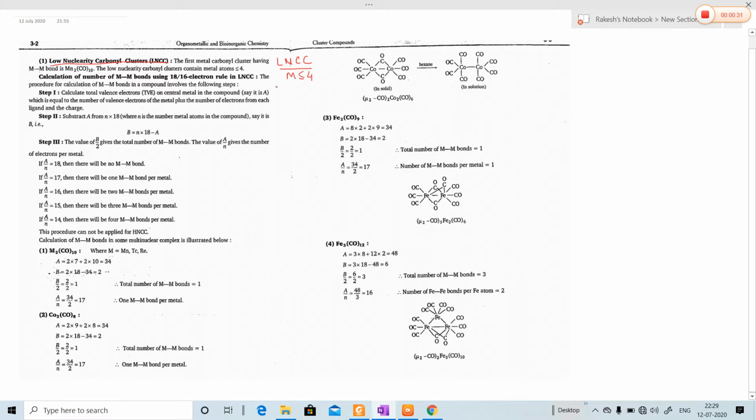And during the calculation of metal-metal bond, we have used 3 steps. In the first step, we have calculated the total valence electron.